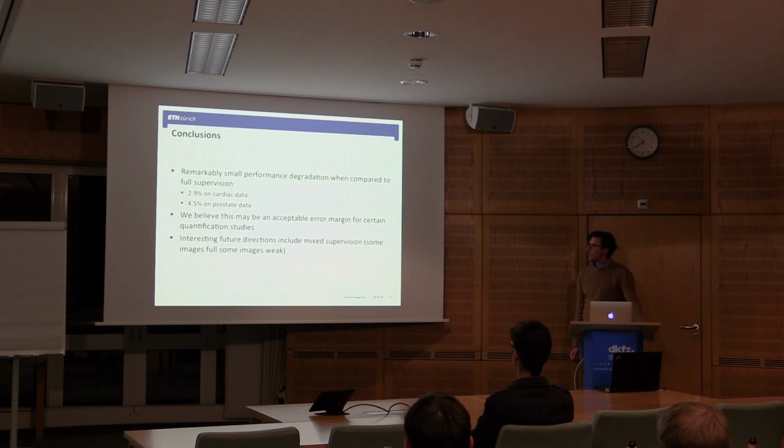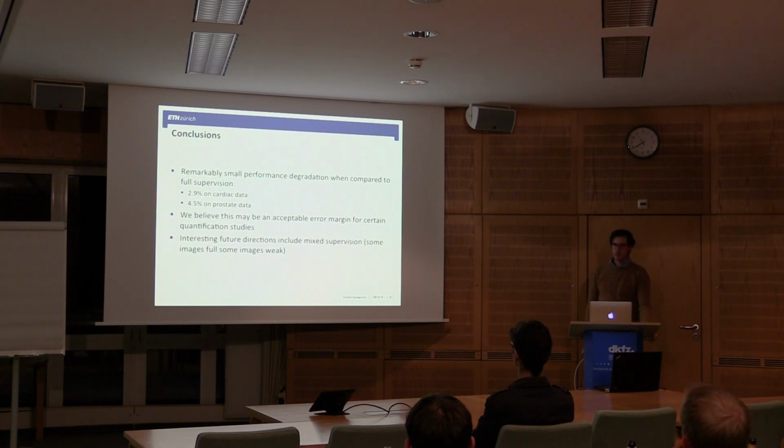So, in conclusion, what we really found remarkable is that we had a remarkably small degradation of performance with respect to the full supervision. It was only around 3% worse on cardiac data and only around 4.5% worse on prostate data than a fully supervised network. So we believe that for some studies, this may be an acceptable error margin.